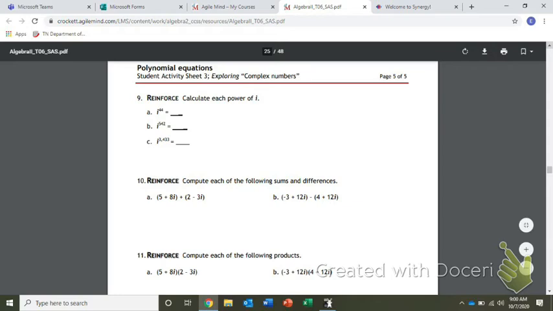Every what? Every 4. Okay? So you are going to take your power. What is the power of i to the 44? 44. You are going to take that power and divide by 4, because that pattern starts over every 4 times.